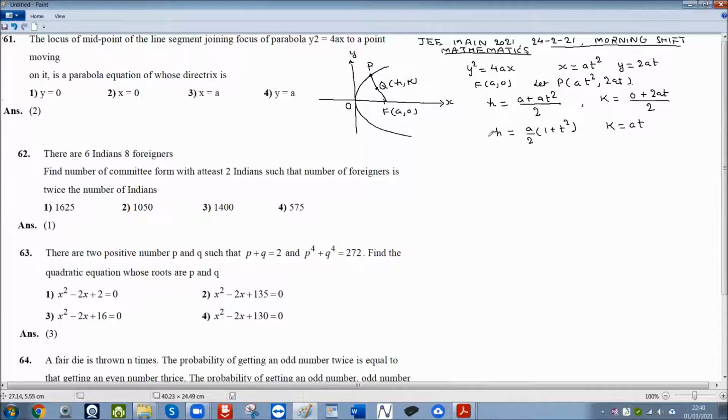Now we should determine the relationship between h and k to identify the locus. We can put t is equal to k by a in this equation to find the relationship.